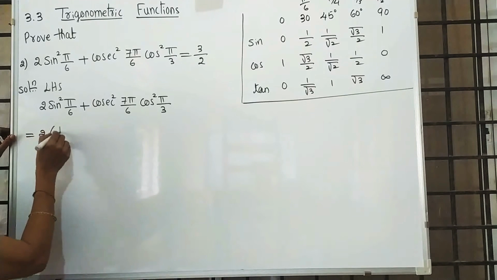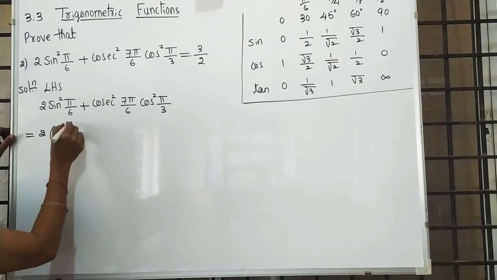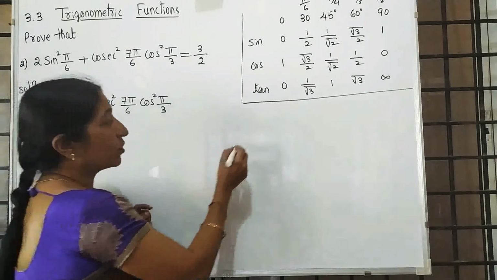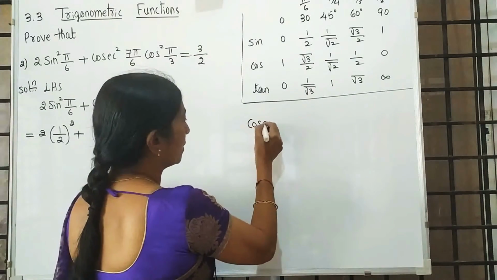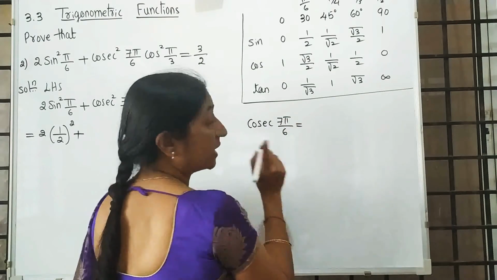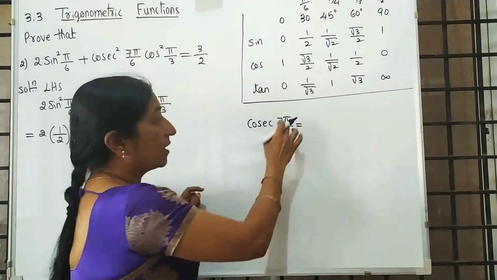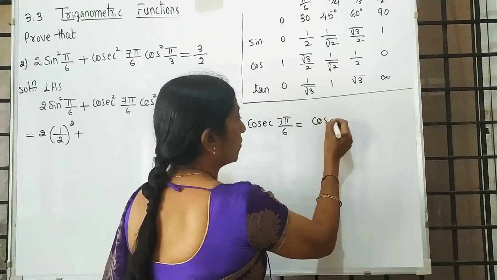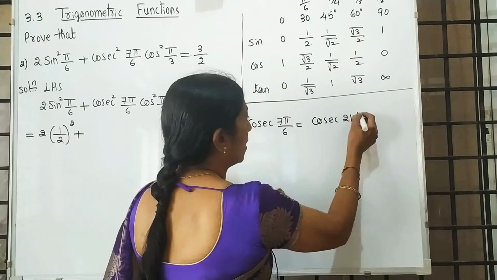It is 2 into 1 by 2 whole square plus, but we are not familiar with cosecant 7 pi by 6. Cosecant 7 pi by 6, convert in terms of degree. Pi by 6 is 30 degrees, 7 into 30, 210. Cosecant 210, how do you split?